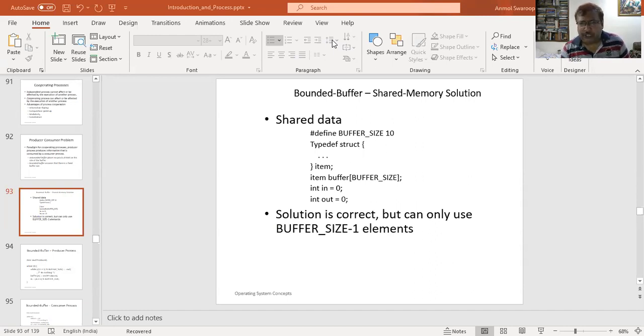Inside this structure there can be any elements. Suppose you are generating a database of students, or a database of books, whatever it is, the items will be there. This will be a structure of type item. Then we create an array.